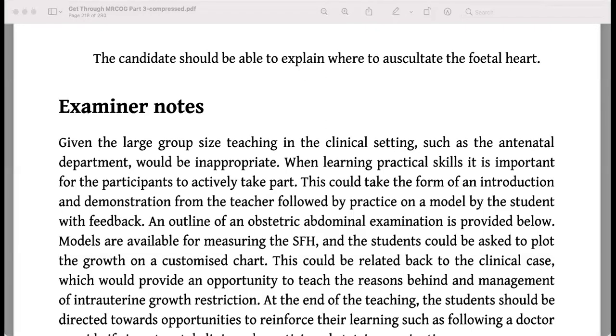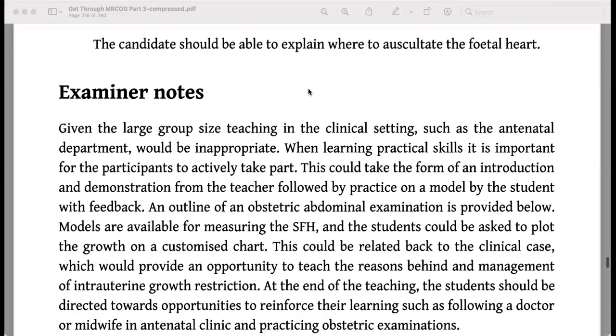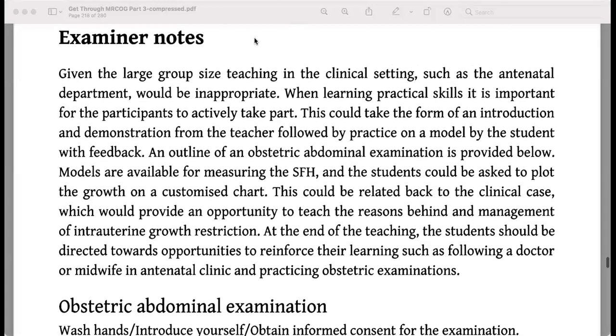You can use it, it's fine. You just inform the managers and they will make it ready for you on the time for the teaching. Here, my dear, the candidate should be able to explain where to auscultate the fetal heart. This is the examiner notes.